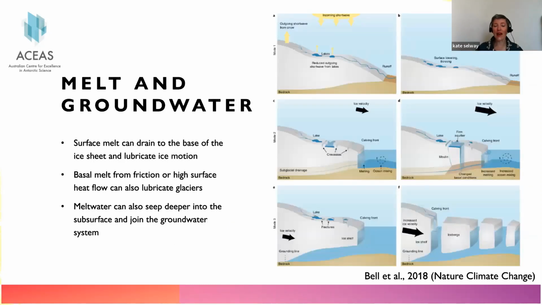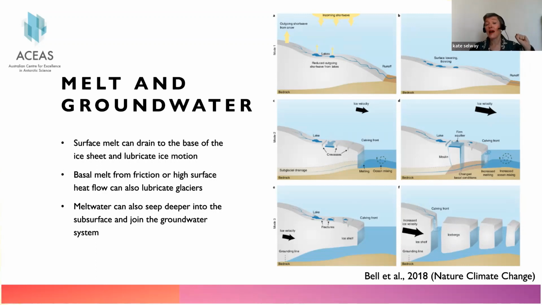So to start off with, using MT, looking at those shallower depths to look at basal melting and groundwater beneath the ice sheet. To say at the outset, all of the things I'm talking about today are pretty new applications of MT. Particularly this work, there's really one main study that's only come out this year doing this work.